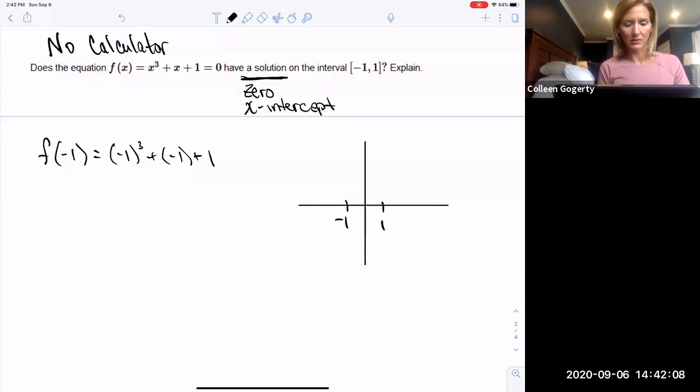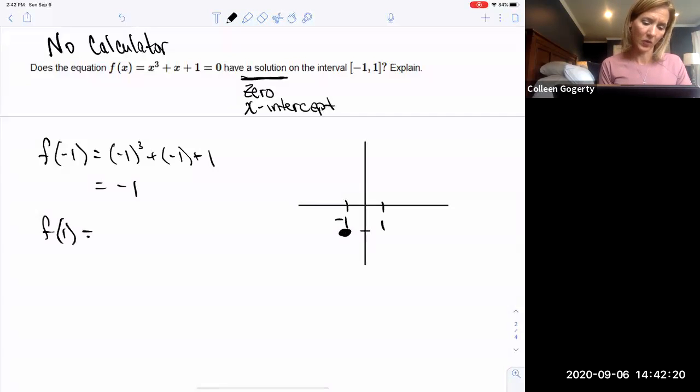What's going to happen there? We're going to have -1 plus -1 plus 1. This comes out to be -1. Okay, so I have a point down here. What does f of 1 mean? Or what does it give us? And we end up with 3.